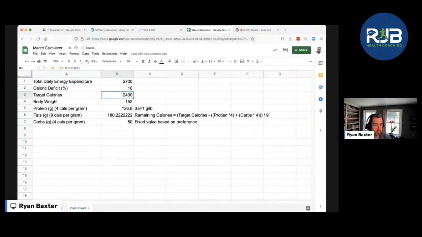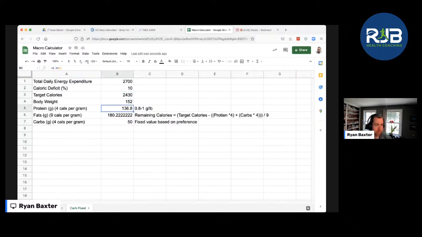And so that's roughly 270 calories. Doing the math right off the top of my head, 270 calories deficit. That would bring my target calories to 2,430.